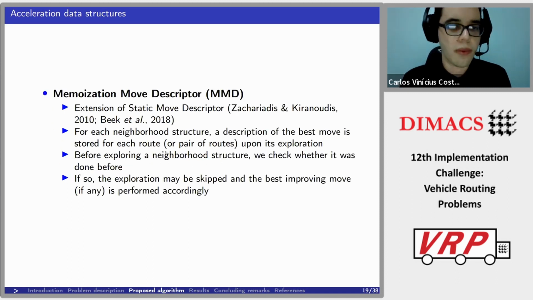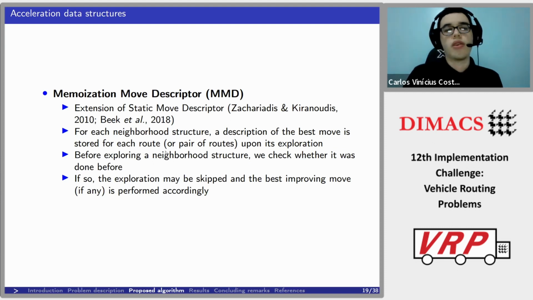The first one is the memoization move descriptor, which stores the best move for a pair of routes or for a route and a neighborhood structure. So if we stumble upon it again later on, we don't have to explore it again because it's in the memory.